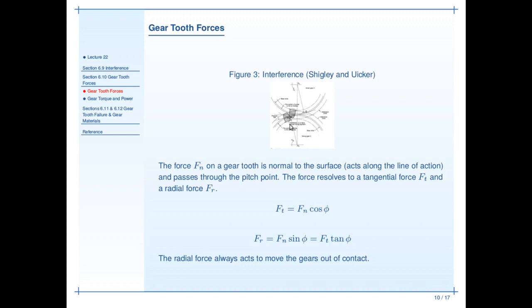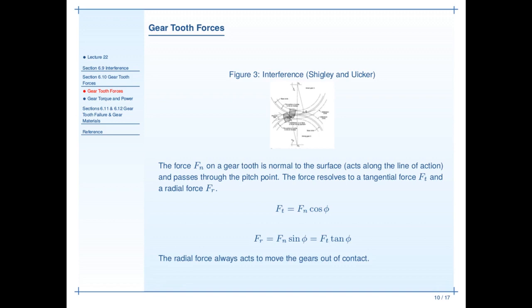When you create a bearing arrangement or shafts to hold gears, the force that those shafts and bearings are reacting is this radial force. Sometimes you'll see the radial force called a gear separating force. Sometimes you'll see it called a bearing force. Again, because gears have been around for a long time, it's collected a number of names.